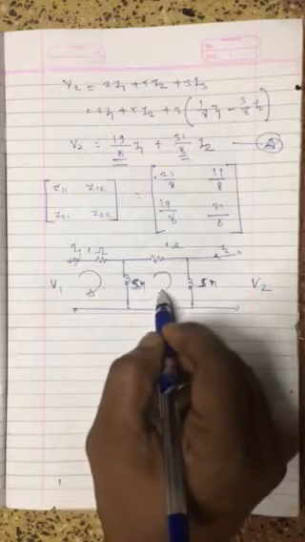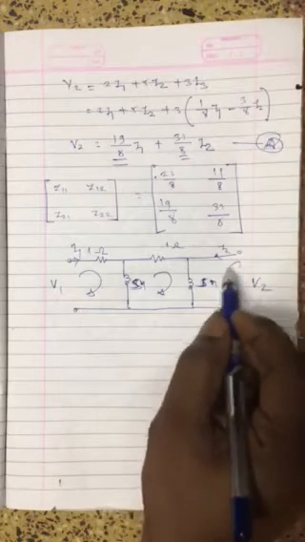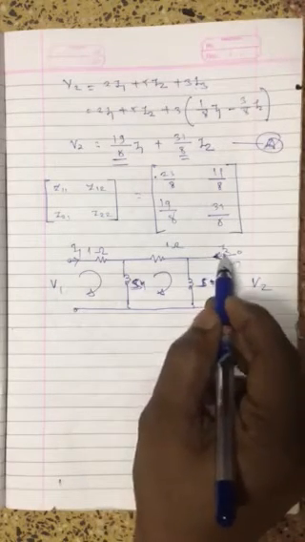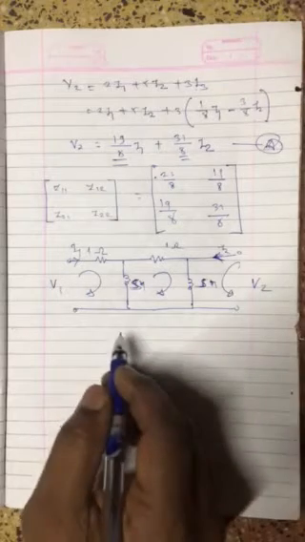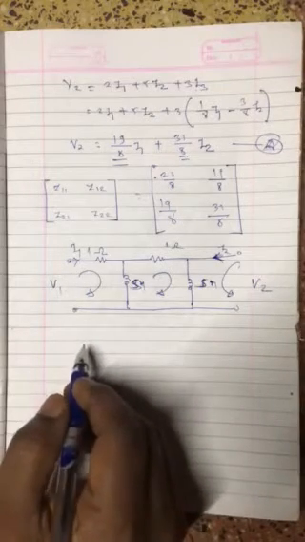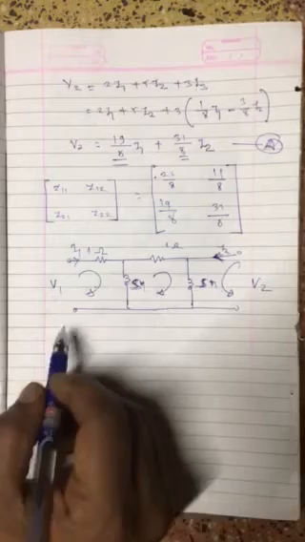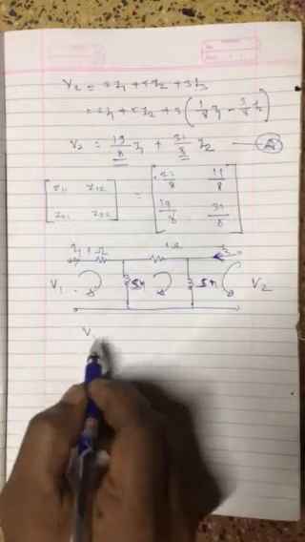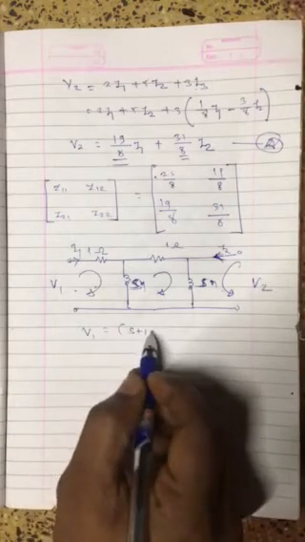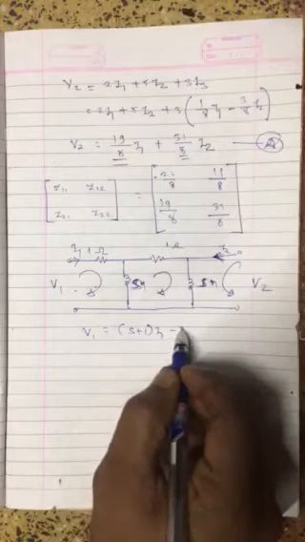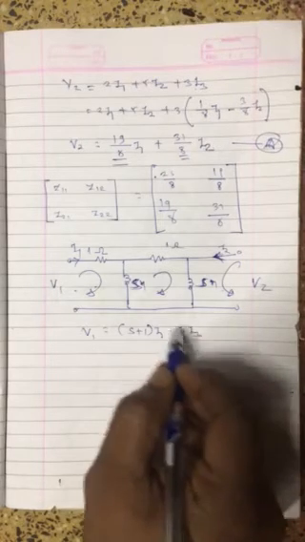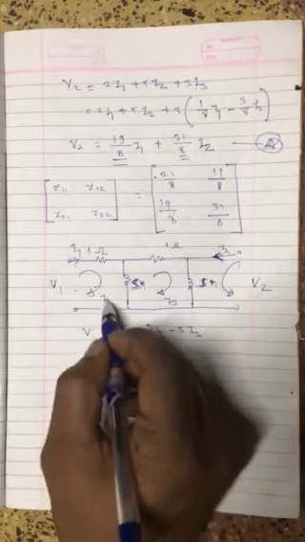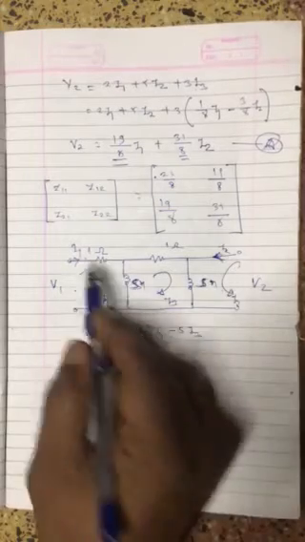Apply KVL in all three loops. The direction should match this particular direction. If you apply the equations, in the first loop you will get V1 equal to (S plus 1) I1 minus S I3. This is I3, this is I1, this is I2 as given.